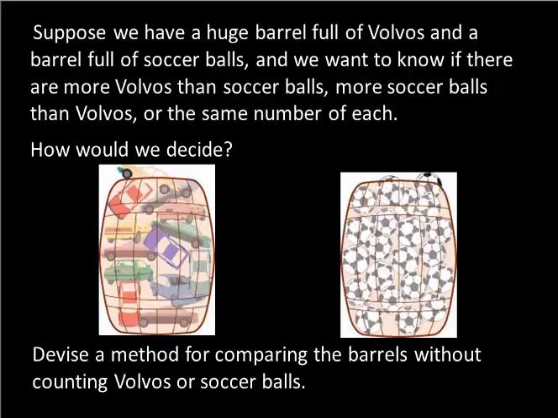And a barrel full of soccer balls. And we want to know if there are more Volvos than soccer balls, or more soccer balls than Volvos, or is there the same number of each? Do the two barrels have the same cardinality of elements? How could we decide? We want to devise a method for comparing the barrels without counting the Volvos or soccer balls.